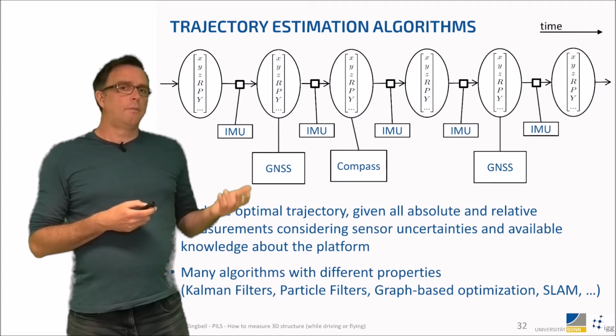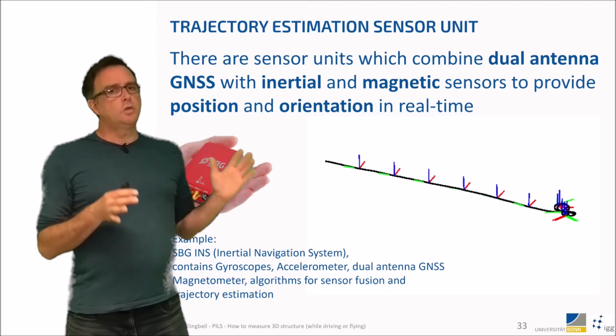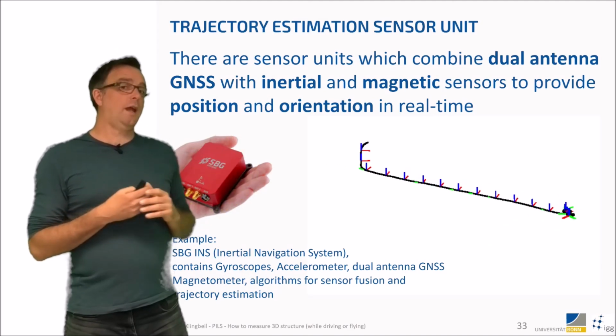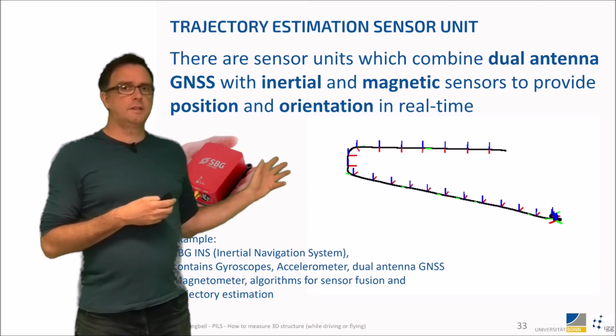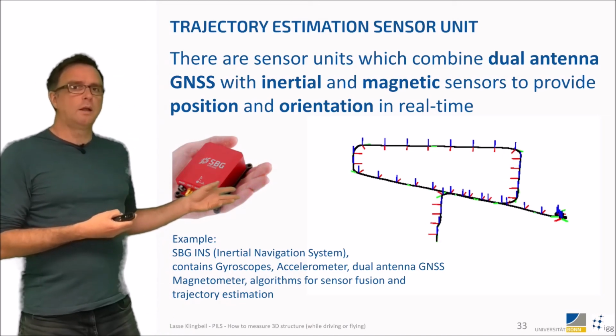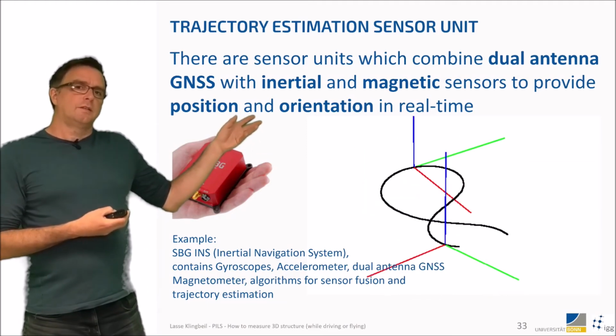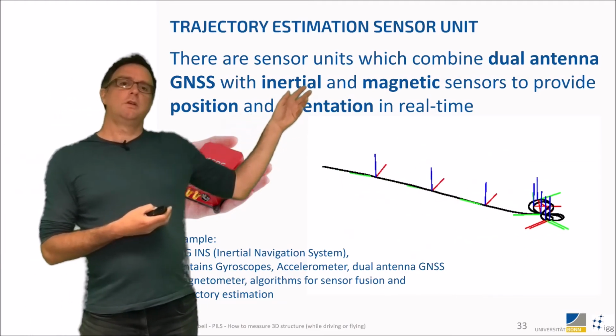The good thing is that we have sensor units which can do this quite okay, let's say. We have a sensor unit like this one here, just as an example. This is the one that we have on our robot as well. It's a dual antenna GNSS receiver with internal inertial and magnetic sensors.